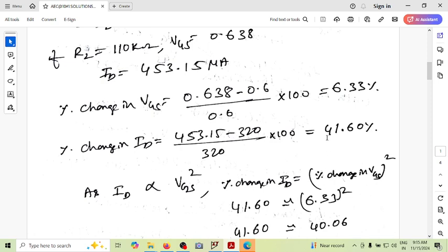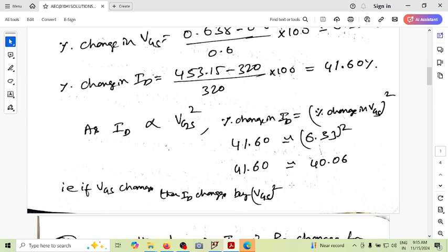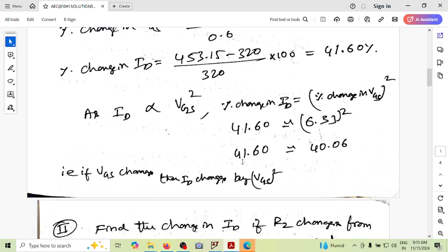So whatever change we are getting, 41.6 percent change against 6.33 percent change in VGS, is obvious over here. The summary of this entire simple problem is, if VGS changes, then ID changes by VGS whole square. That is one of the observations.